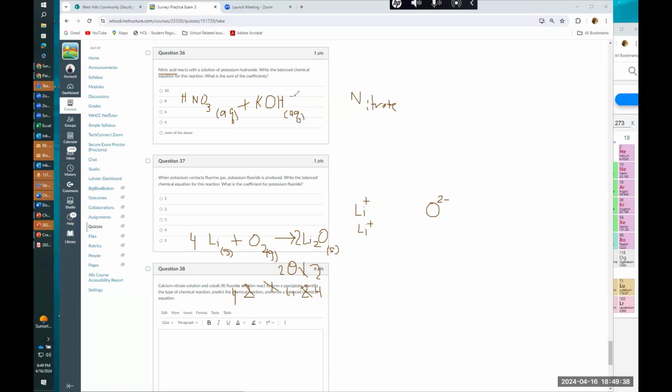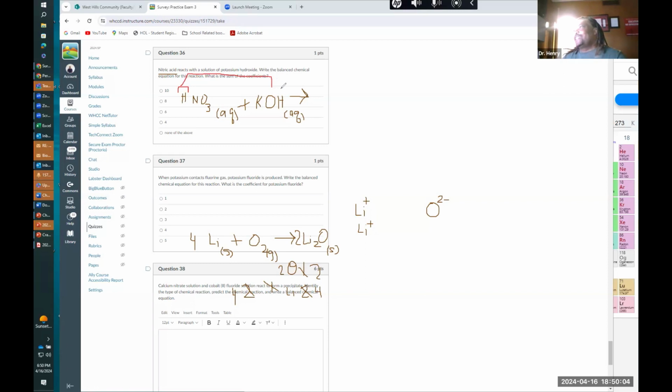And then, so again, this is going to be a double replacement reaction. So that's going to hook up with, let me use a different color. It's going to make H2O. That's right.